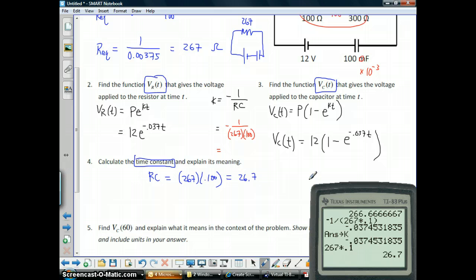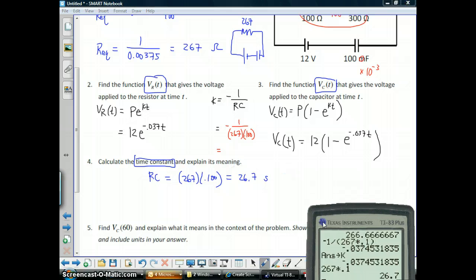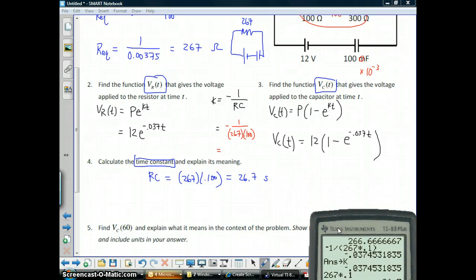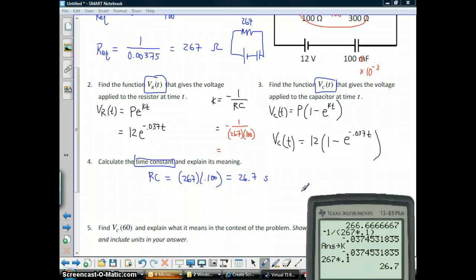Now, what that's supposed to mean, time constant, this is in seconds, this is how long it will take to charge up to, I think it was about 69%.